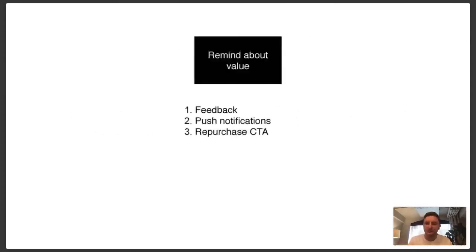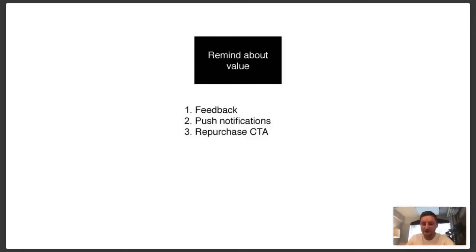Next, try to remind about values. So always try to give users feedback and collect users' feedback and understand if they are happy with the values that you provided. Use push notifications. When you're using push notifications, you're collecting feedback, you're reminding that users just got some value and so on. And try to make a repurchase CTA.